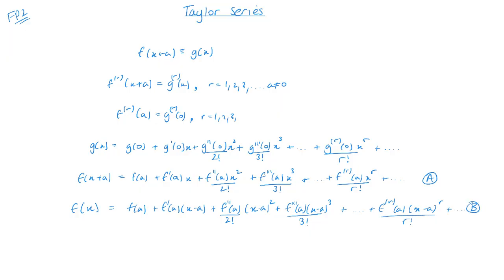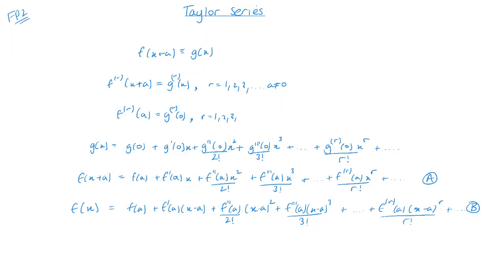And call this B. So now we have two expansions A and B, and these expansions are known as the Taylor series expansions of f of x at or about the point x equals a.